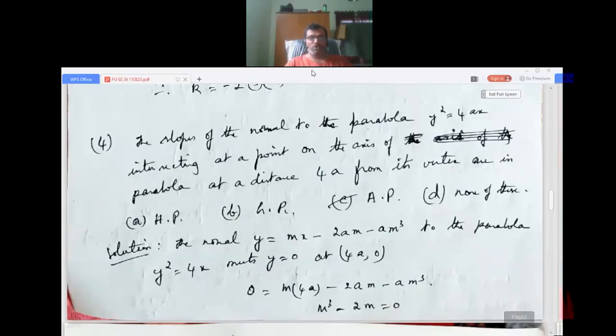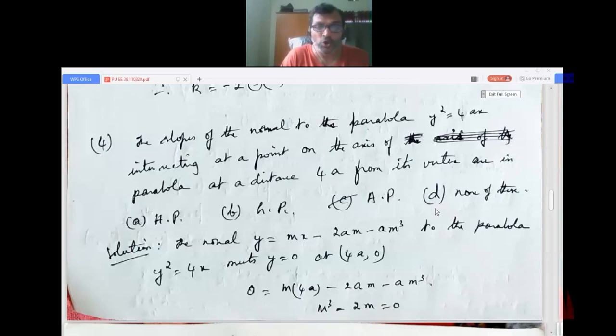Question number 4. The slopes of the normal to the parabola y squared equals 4ax intersecting at a point on the axis of the parabola at a distance 4a from its vertex are in HP. HP means harmonic progression, GP means geometric progression, AP means arithmetic progression, D none of these.